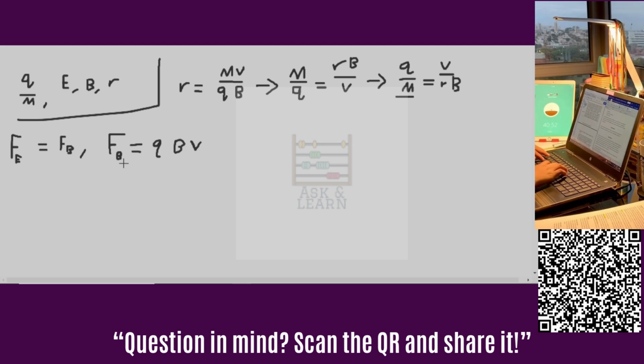The force from the electric field, F sub E, is simply the charge times the electric field. Now, we summarized earlier that these two forces are equal to each other, so we can rewrite these equations as qBv is equal to qE.